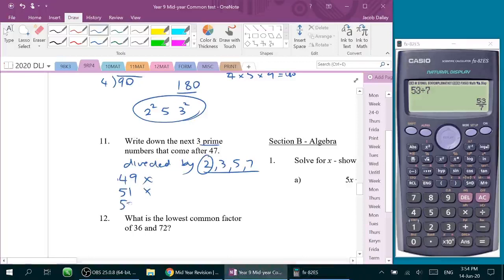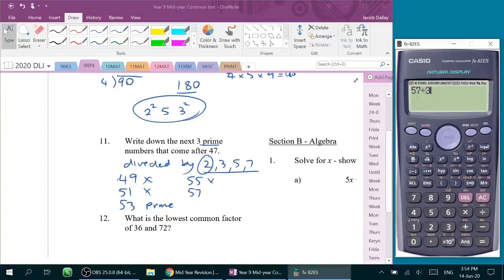So 53 is a prime number. 55, that's going to be divisible by 5, so no. 57, let's try that. 57 divided by 3 is 19, so that also doesn't go. 59, let's try 59. 59 divided by 3 doesn't go. 59 divided by 5 doesn't go. 59 divided by 7 doesn't go. So 59 is a prime, it's our next prime.